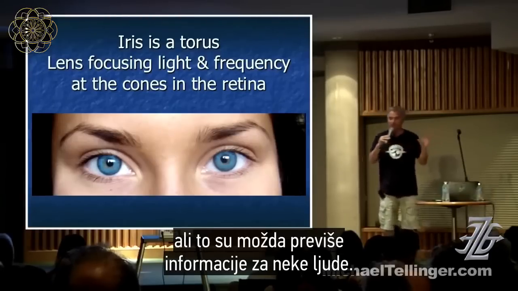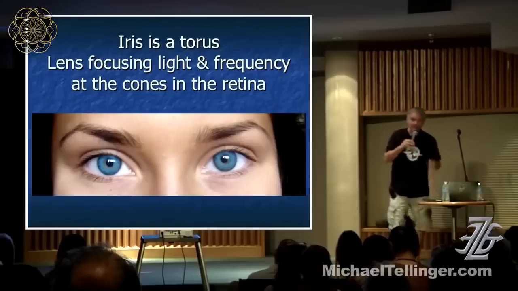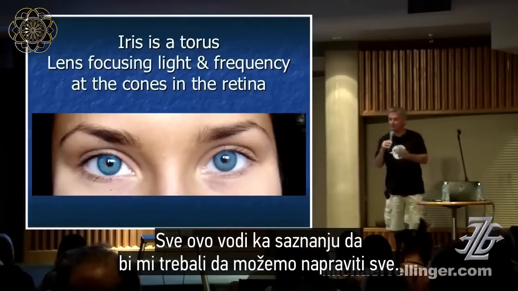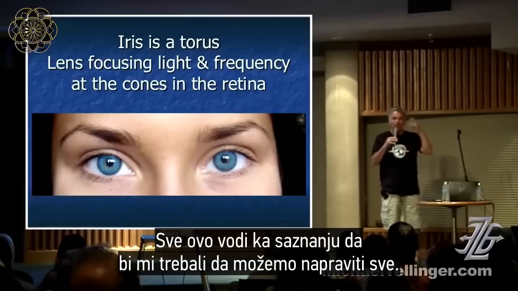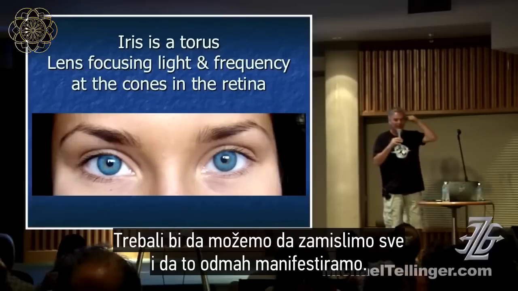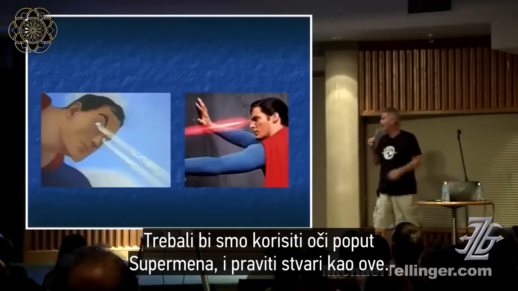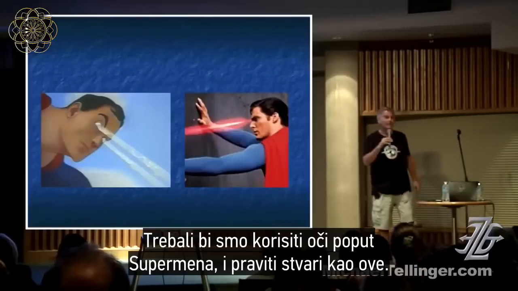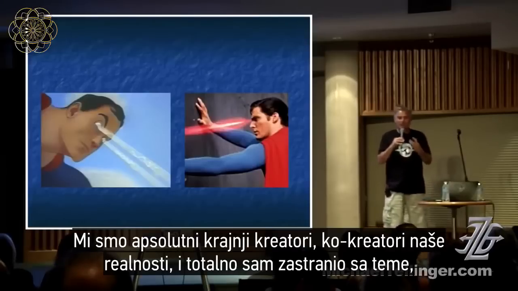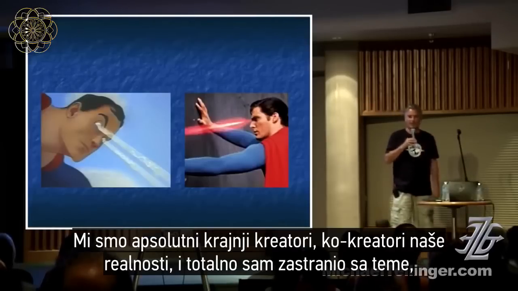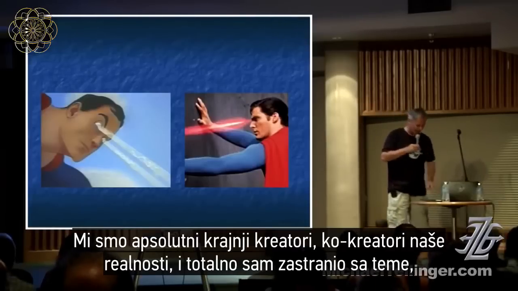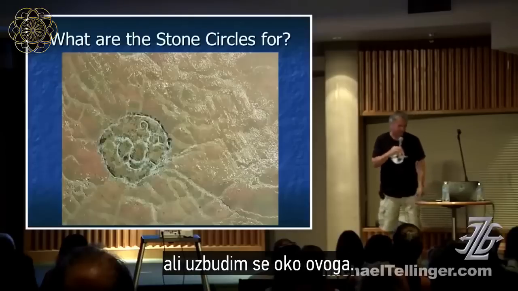But that might be too much information for some people. What this all leads up to is that we should be able to do anything. We should be able to think anything and manifest it instantly. We should be able to use our eyes like Superman and do stuff like this. We are absolute ultimate creators. We are co-creators of our own reality. And I'm getting totally distracted here, but I get excited about this.